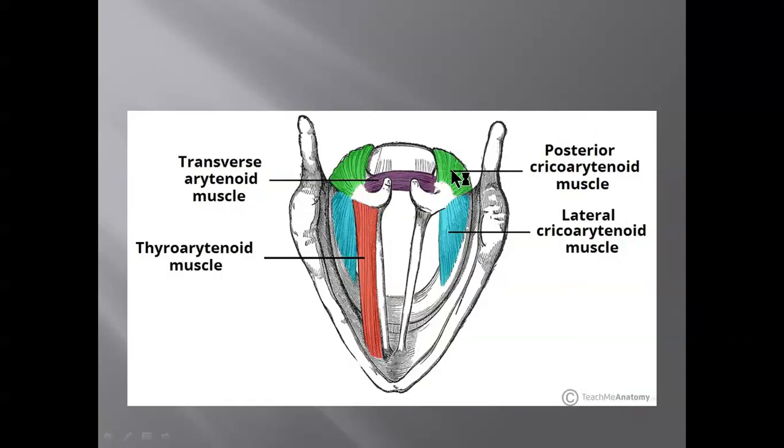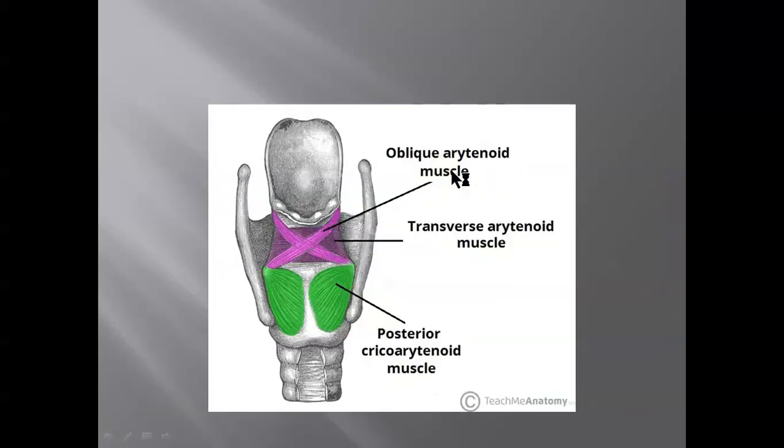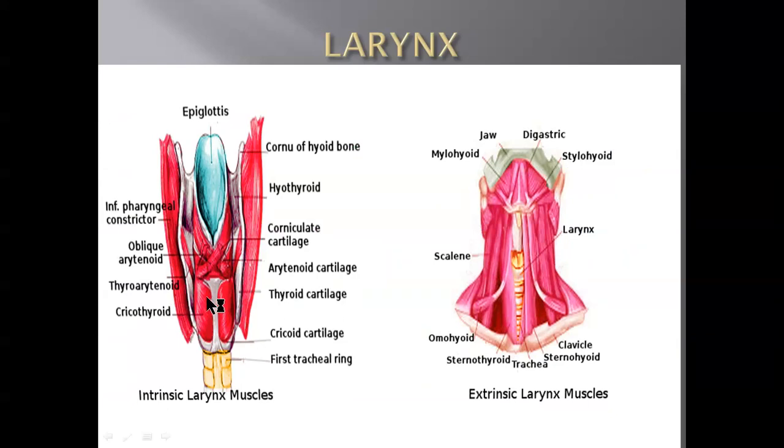The posterior cricoarytenoid is the only abductor, and here we have the cricothyroid, which gives tone to your voice. So it tenses your voice.